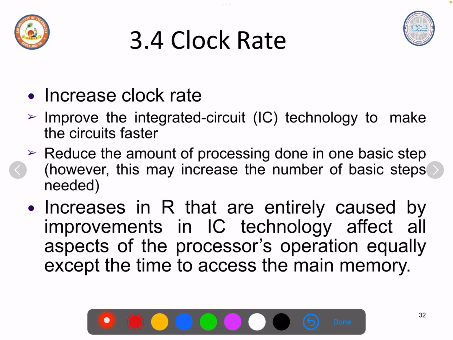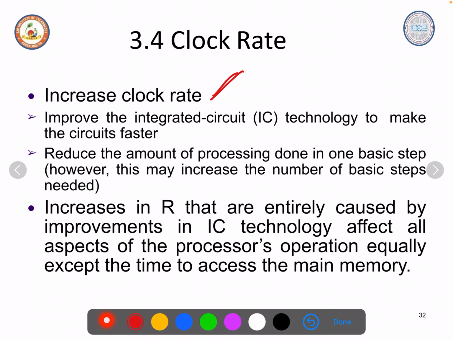Coming to the next one, which is the clock rate, denoted as R. I need to increase the clock rate to increase the performance. You can make use of improved integrated circuit technology to have faster circuits and reduce the amount of processing done in one basic step.